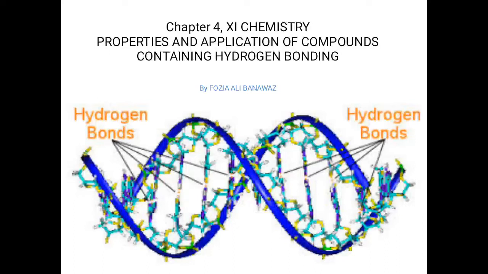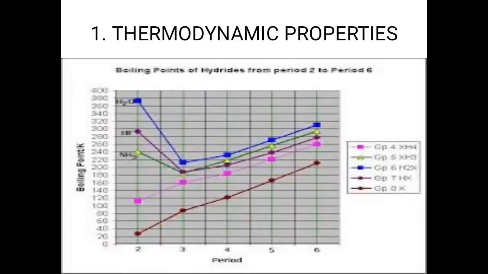Now in today's class we are going to apply hydrogen bonding to properties. So we see why hydrogen bonds are very important in some of the properties of compounds. We begin with thermodynamic properties. You know that all compounds have sharp, fixed, characteristic melting and boiling points.